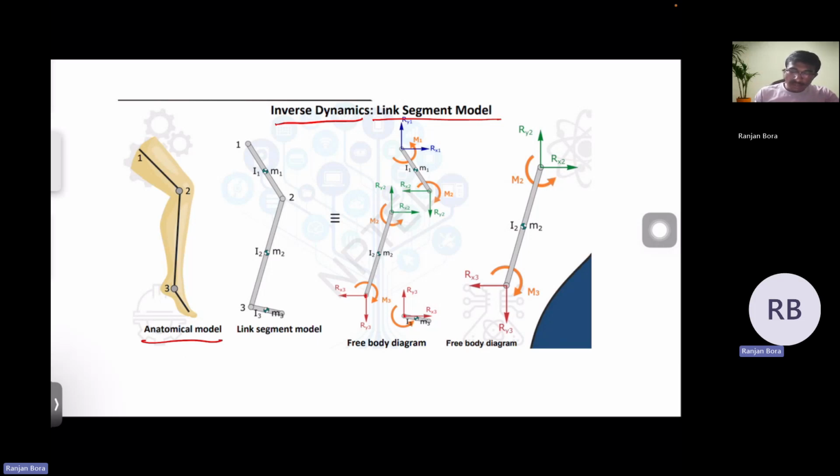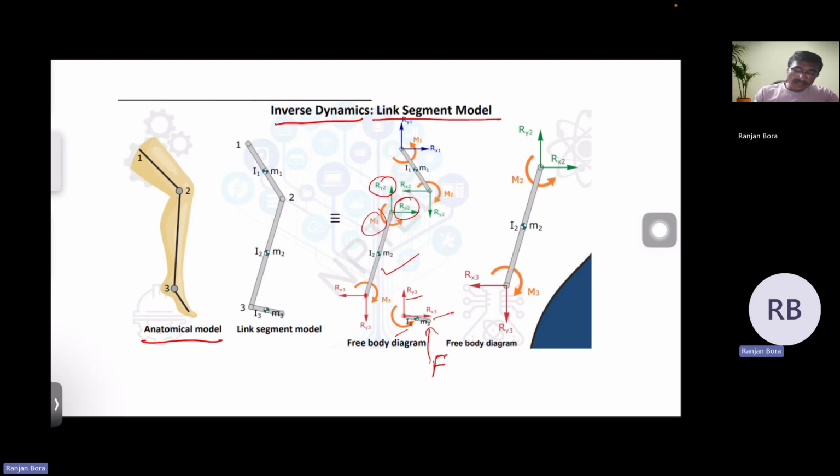The foot is separated from the tibia, and for the foot, if we know the ground reaction force acting on it, then we can estimate the reaction forces at the ankle joint, RY3, RX3, and the moment M3. This reaction data we can then use for the tibia link to estimate the reaction force and moment at the knee joint.